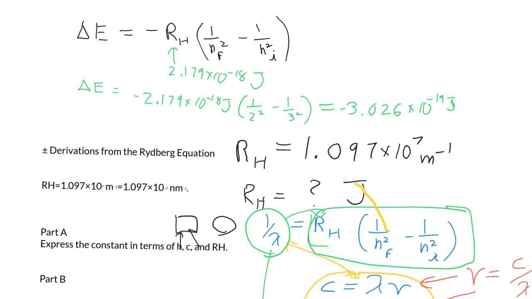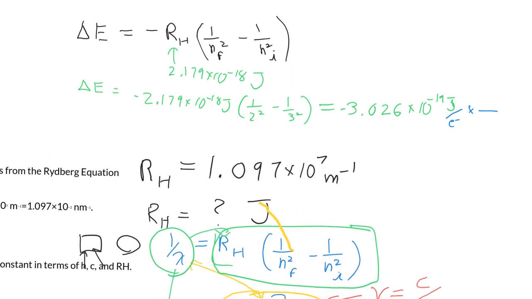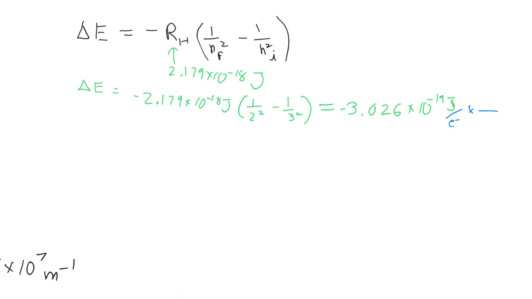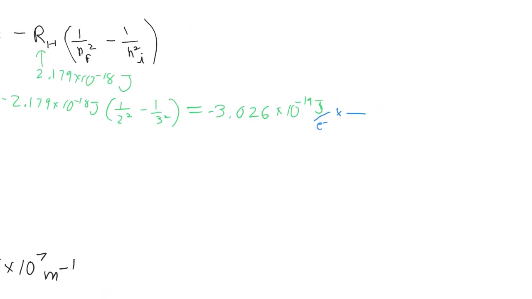This is for 1 electron. They want it per a mole of electrons. So we're going to have to do another cutesy finishing step, because that's joules per electron and we're going to have to get it to kilojoules per mole.